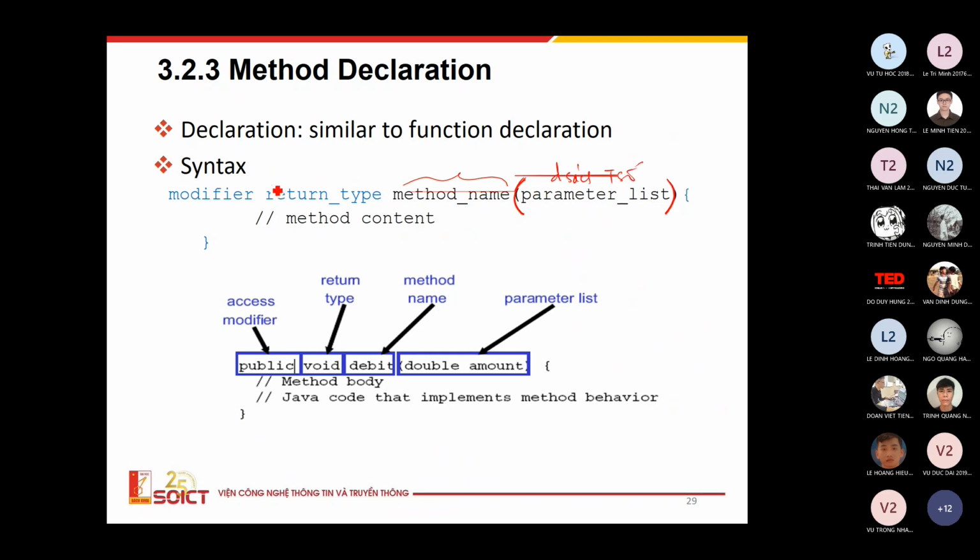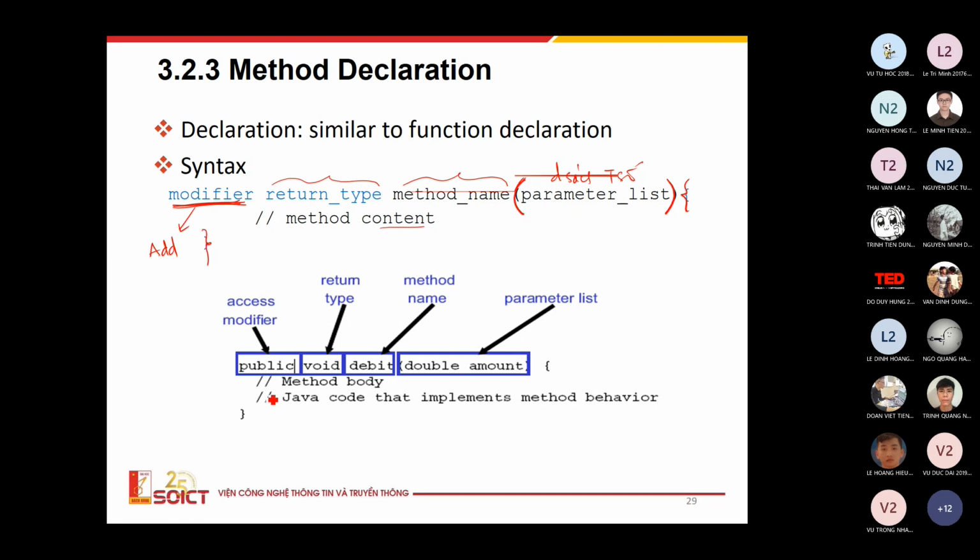You have the return type of this method. But again, you have to add the modifier at the beginning. Inside the code block, you will have the content of this method. Just remember to add the modifier.